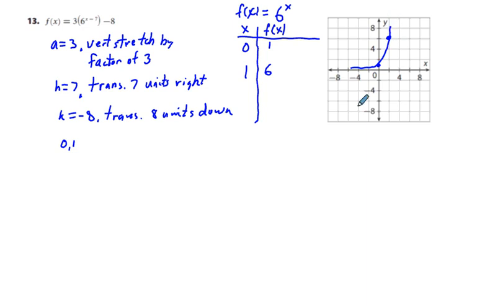Stretch by factor 3, that's going to be 0, 3. And if we take the next point, 1, 6, stretch by a factor of 3, that's going to be 1, 18. All right. So this is going to be the vertical stretch.